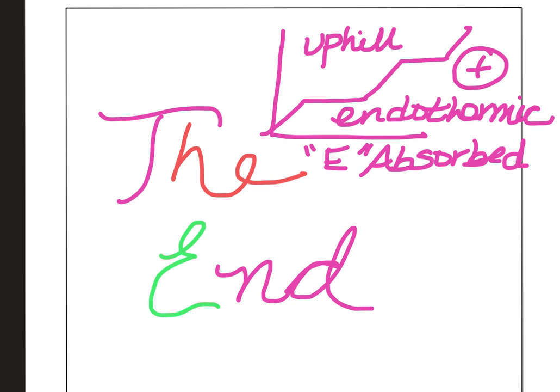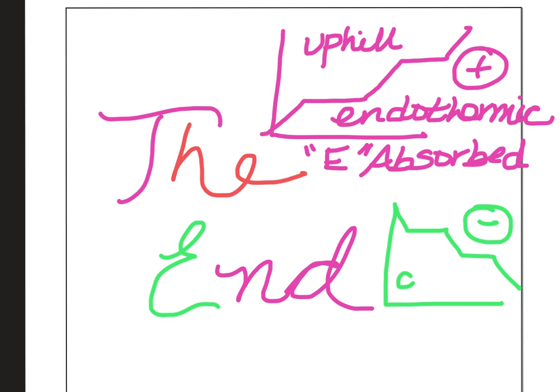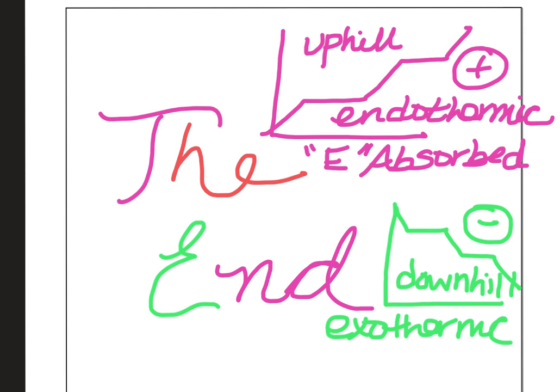And downhill is going to be negative because it is exothermic, so energy is released.